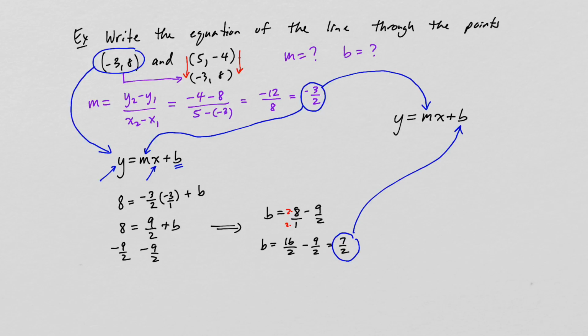And if we plug both of those in simultaneously, we get the equation of our line. And this is our final answer. And so what you can do, if you want to, is do the problem again, except this time use the other point. Use the point (5, -4) when you plug in your values here, and verify that you get the same answer.